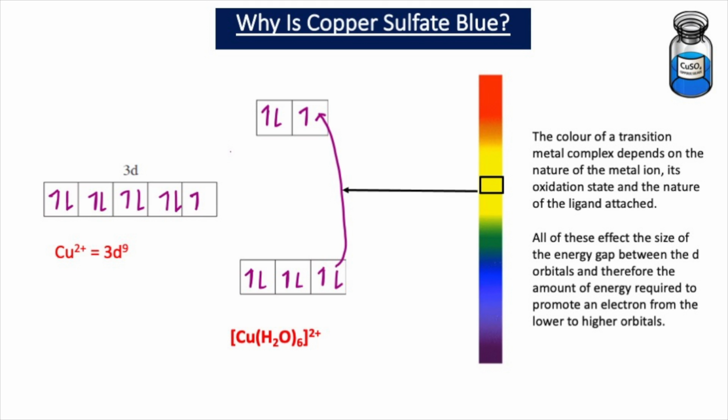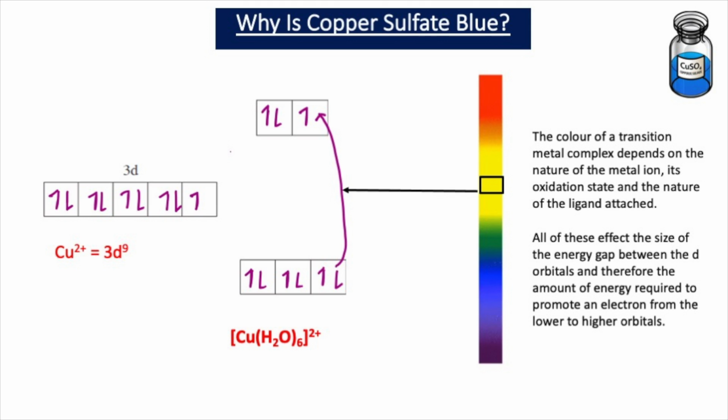This is because electrons can be promoted from lower energy levels to higher energy levels if the compound absorbs visible light. And when it absorbs visible light, the colour you see is the colour not absorbed, the colour reflected.